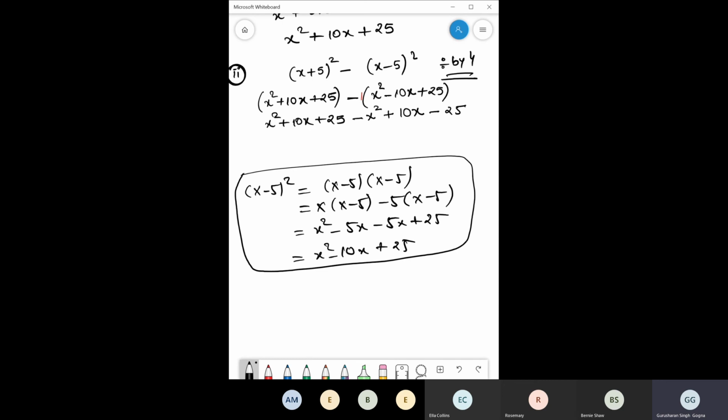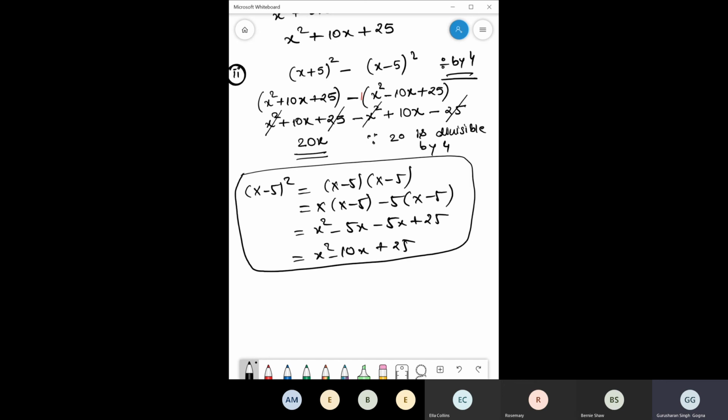So x square minus x square gone, 25 minus 25 is 0, 10x plus 10x is 20x. Okay, and this is always divisible by 4 because 20 is divisible by 4. Now why they are saying always divisible by 4? The meaning of always divisible by 4 means you have x here in your answer, so you can choose any value of x, isn't it?